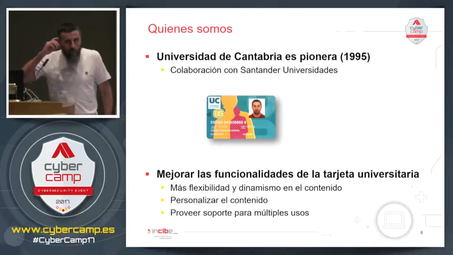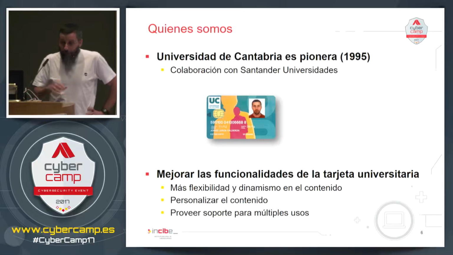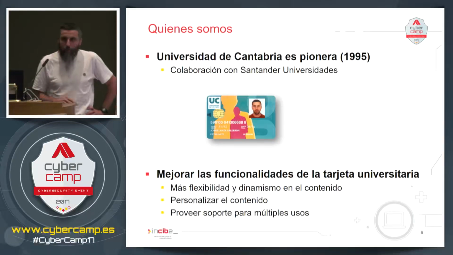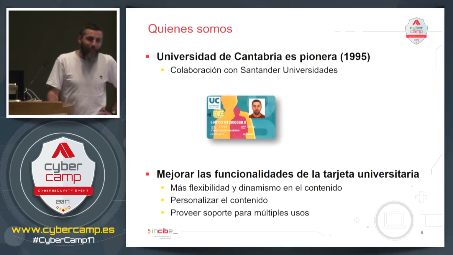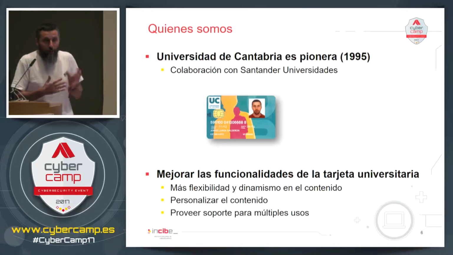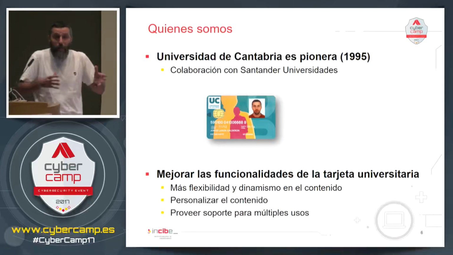And you may say, why did these guys start to work with smart cards? Well, in the year 1995, I started to work in university, because I'm an oldie now. In 95, the University of Cantabria wanted a system to identify the students with security.